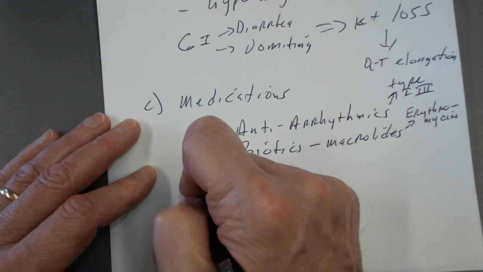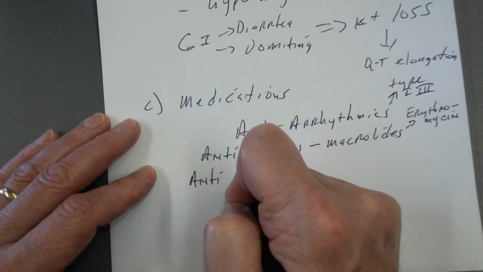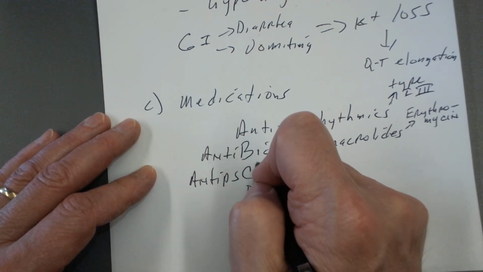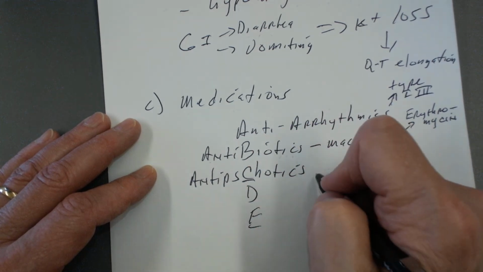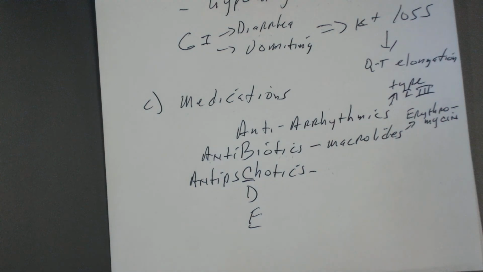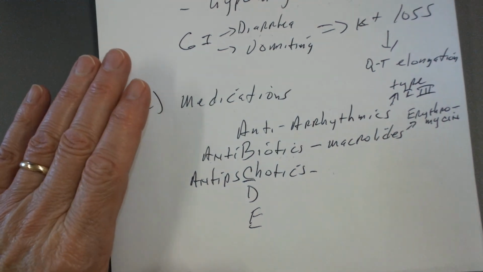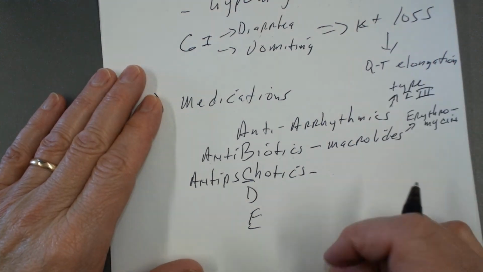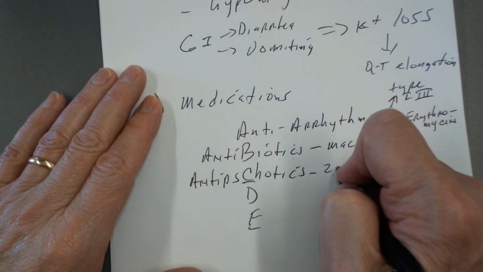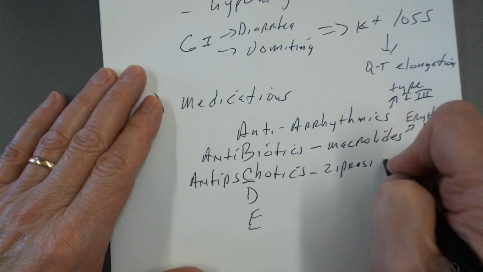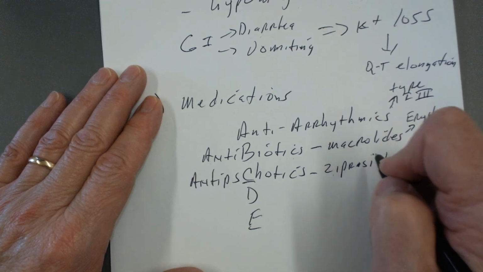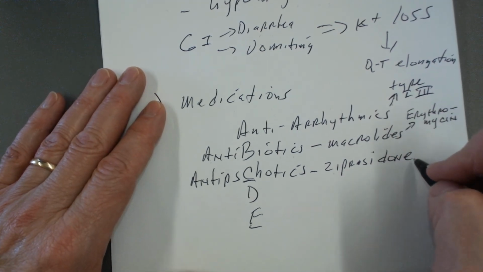C is going to be for antipsychotics. There are a couple of antipsychotics that predispose you to QT elongation. Ziprasidone, probably one of the bigger culprits.